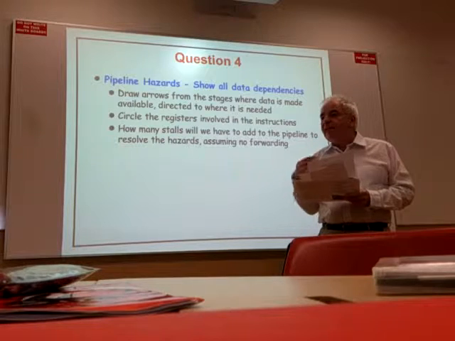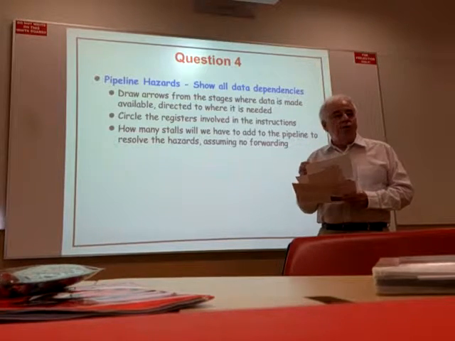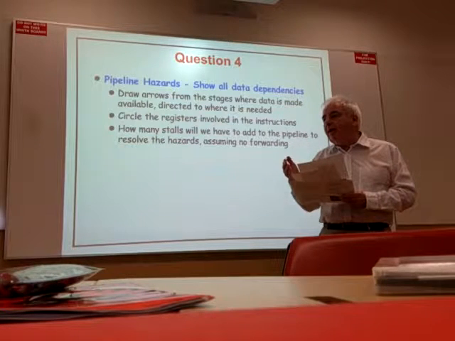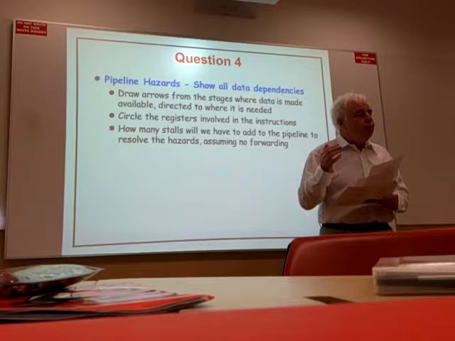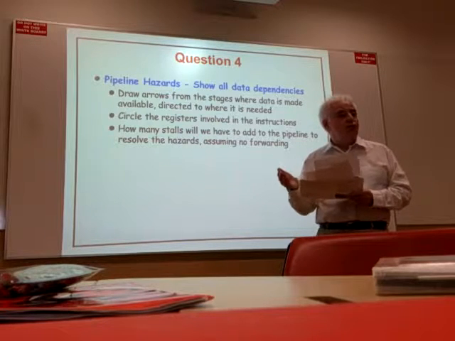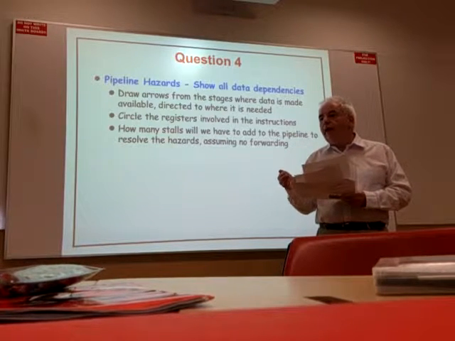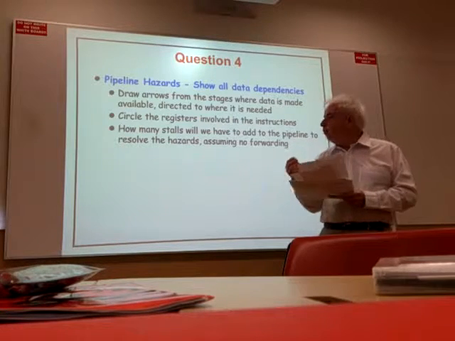If there's a data dependency between two instructions, for example one instruction may write a value to a register, another instruction may read that same value from the register, but if we start to execute the second instruction before we finish the first instruction, we may get the wrong value of the register.